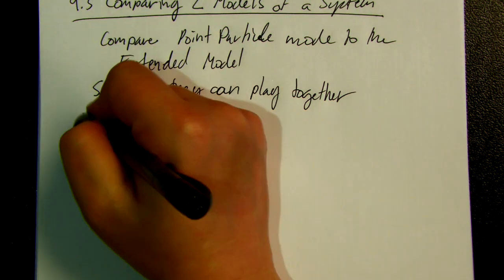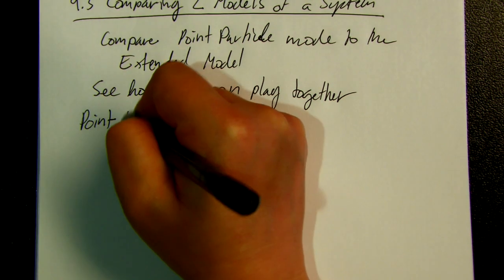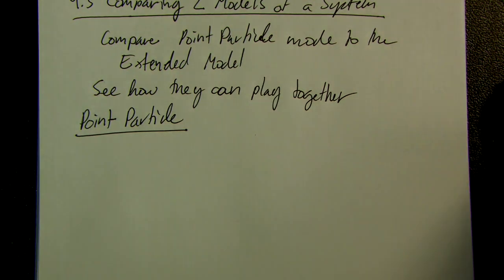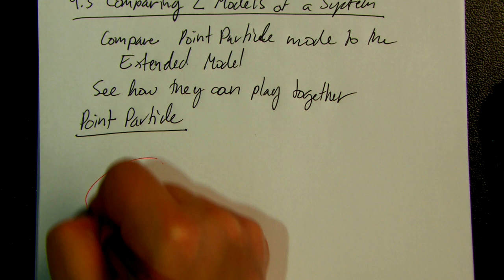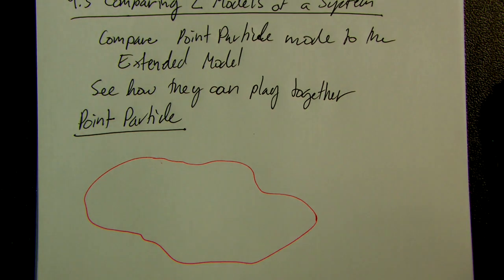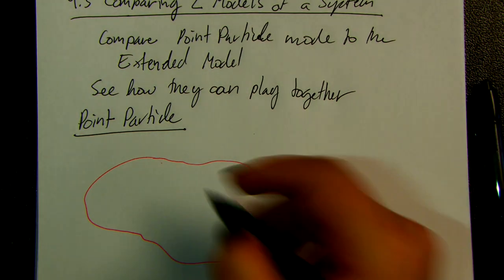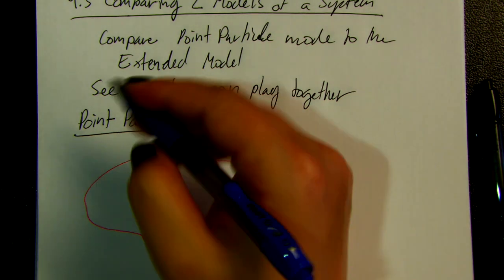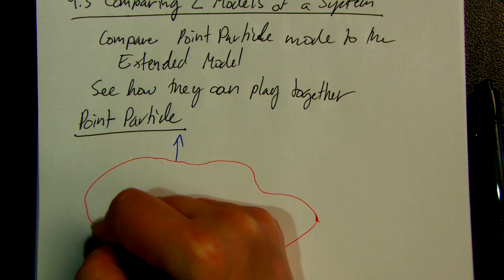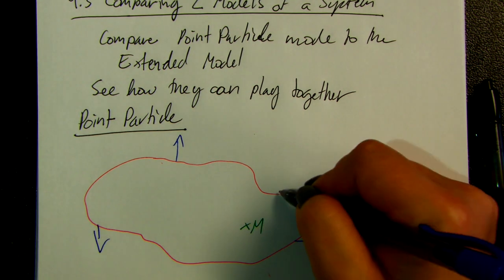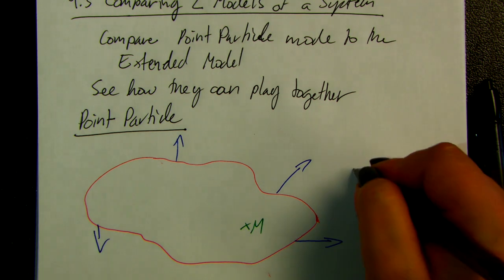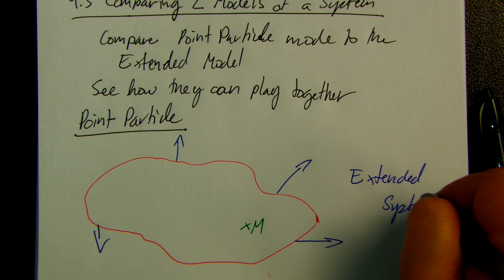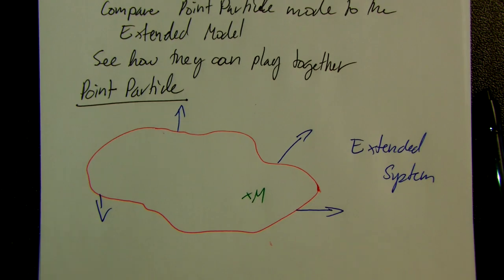Okay, so let's look at point particles. Let's say we've got something that looks like this. The center of mass is, I don't know, here. It's got some forces acting on it at different locations. So this would be what the extended system would look like, and if you were to draw a model, it would look like this.